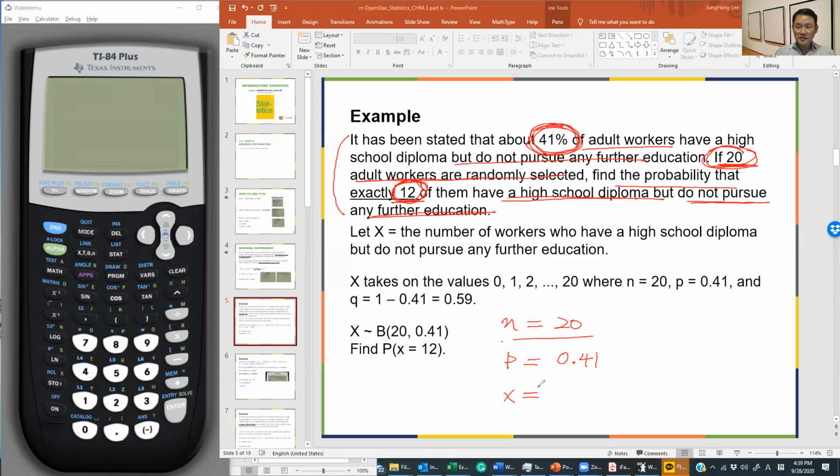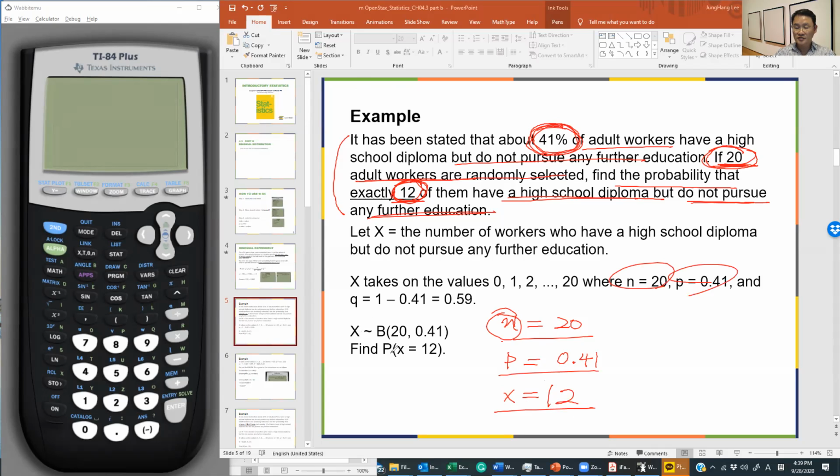And x is exactly how many choices we want out of this n. So out of 20, we want exactly 14 cases. I mean, 12 cases. What am I saying? Let me delete that. So x should be 12, it's just right here.